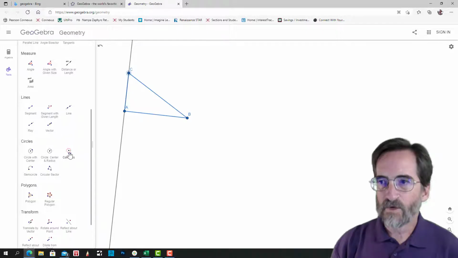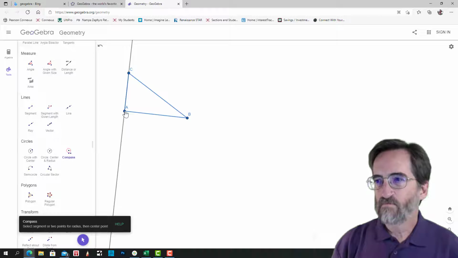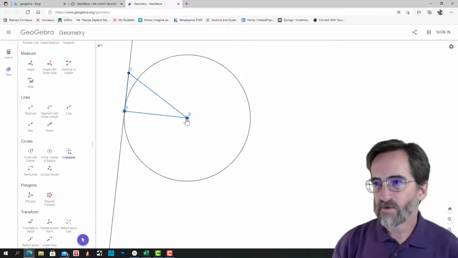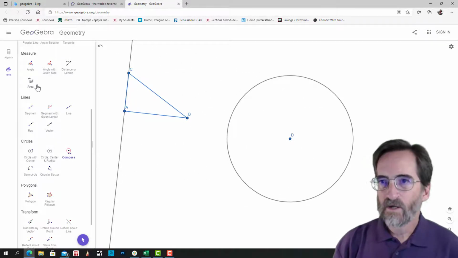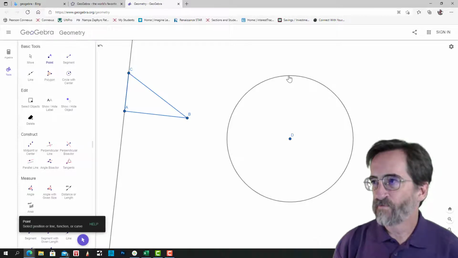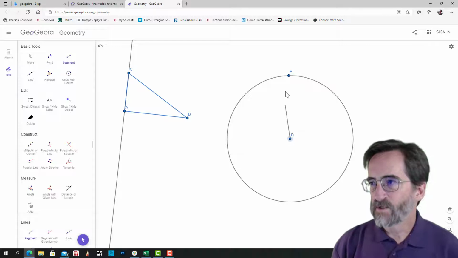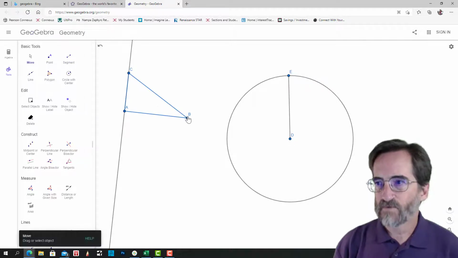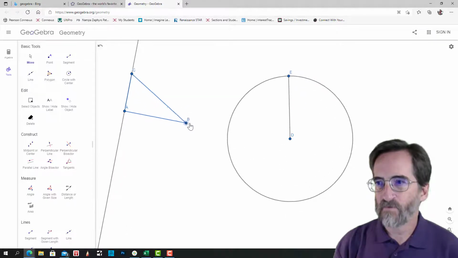I'm going to measure AB with my compass. Right, so I've got a circle of radius AB. I'm going to put it over here, and I'm going to put a point somewhere on the circle. Okay, and I'm going to draw a segment. So DE is tied to the length of AB. So as B changes, so does DE.